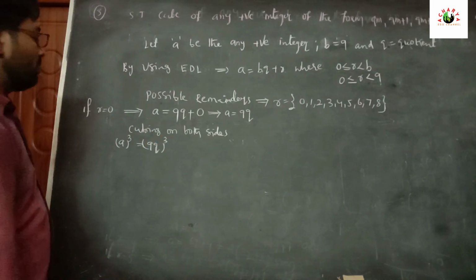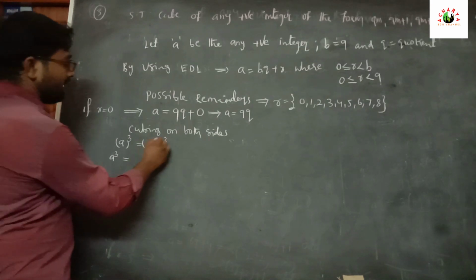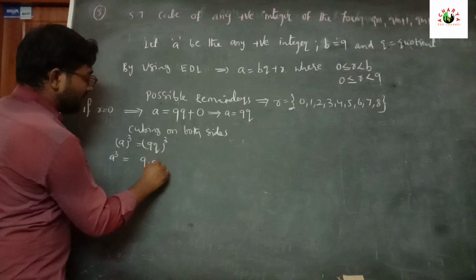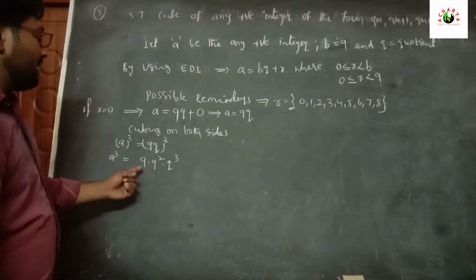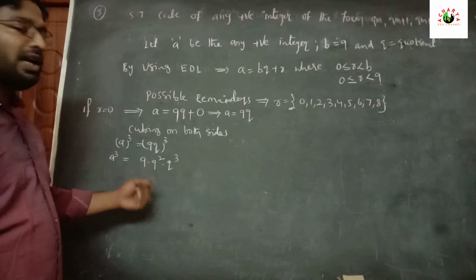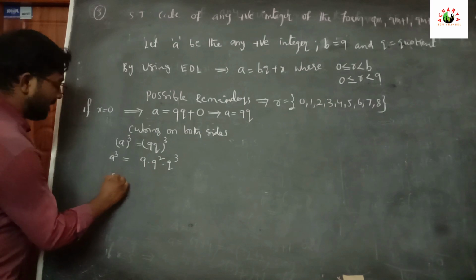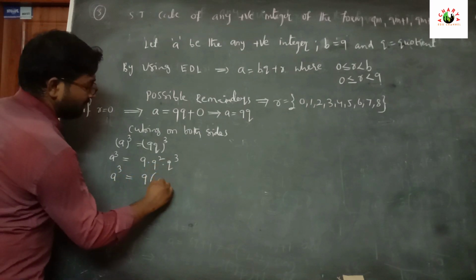So a cube is equal to 9 cube, we can write 9 into 9 square, 9 square into 9, 9 cube, right? Into q cube. So a cube is equal to 9 of 9 square, value 81, q cube.